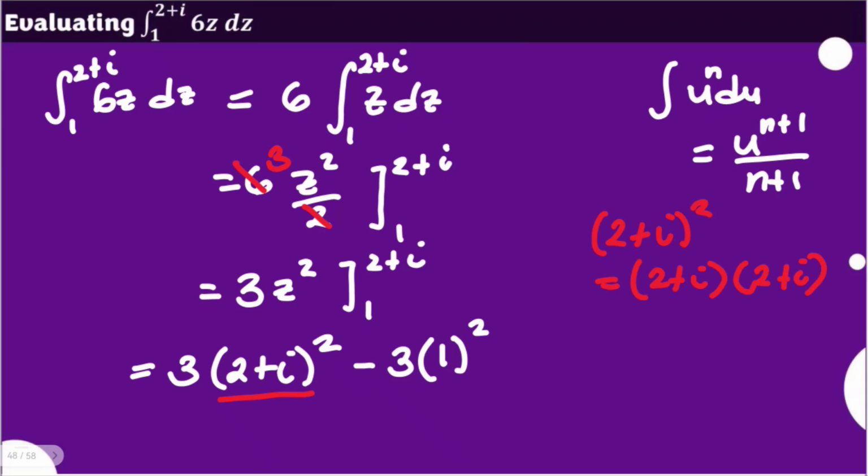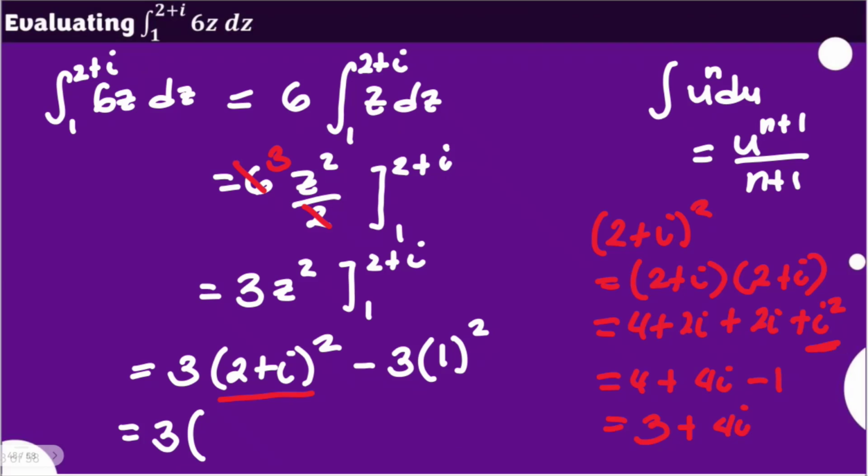By multiplying them using the FOIL method, 4 plus 2i plus 2i plus i squared. Take note that i squared is equal to negative 1. So you have 4 plus 4i minus 1, which gives us 3 plus 4i. That is the result here.